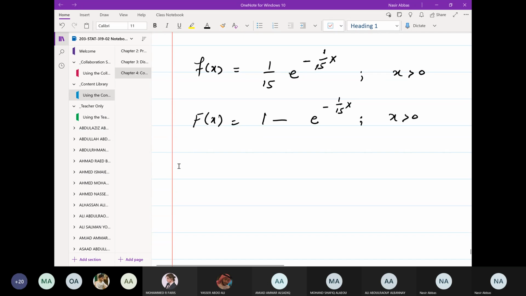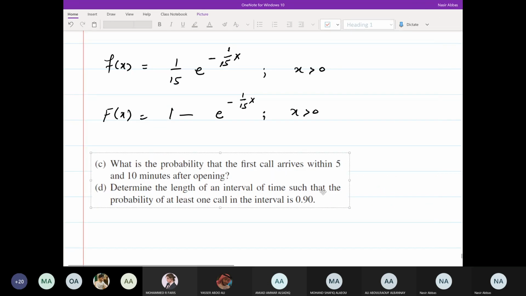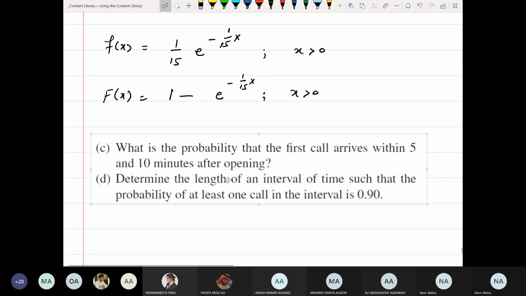Leave part A and B. I will get back to part A and B and talk about part C and D of this question. Part A and B is something we have already done, and I will get back to that.